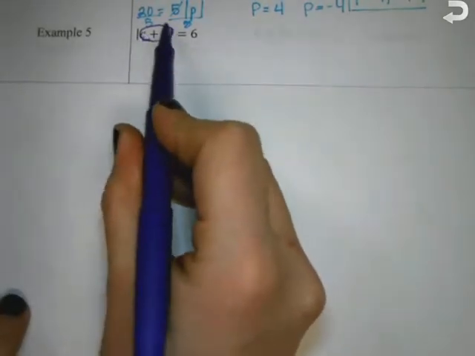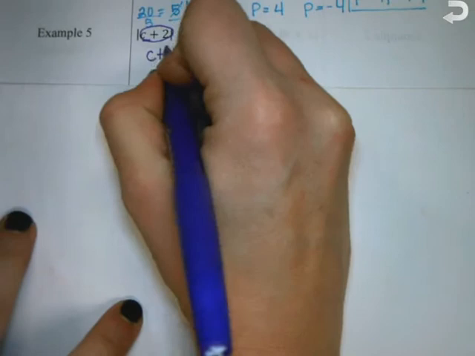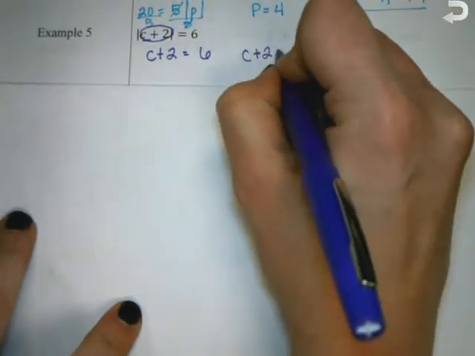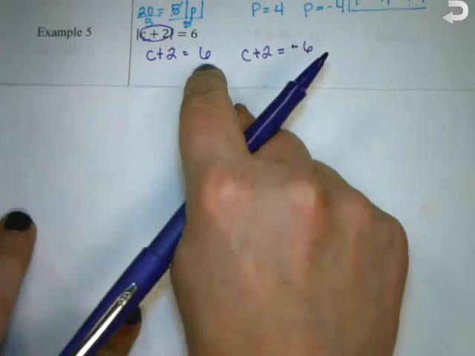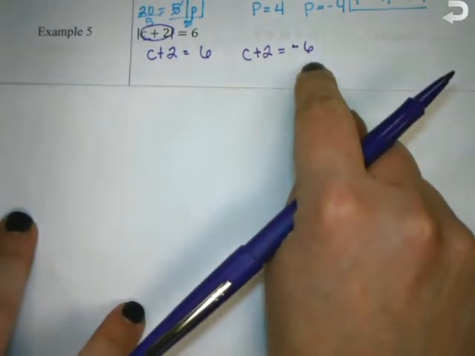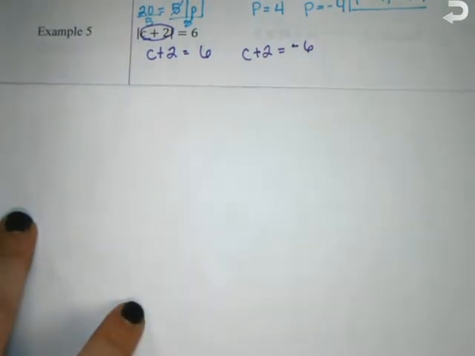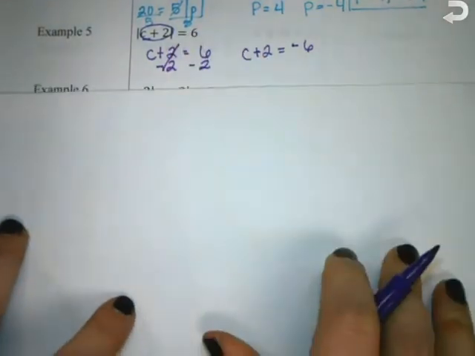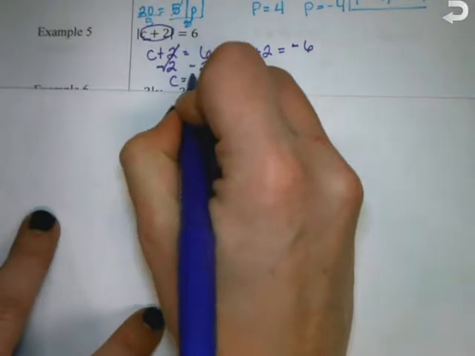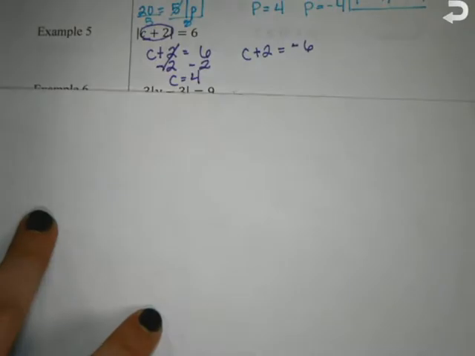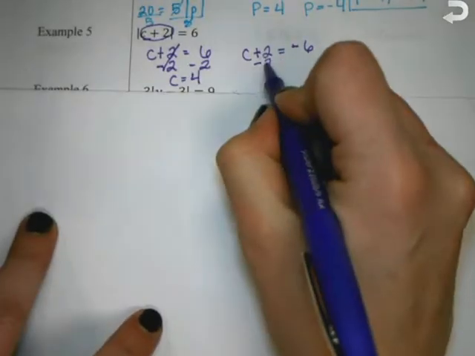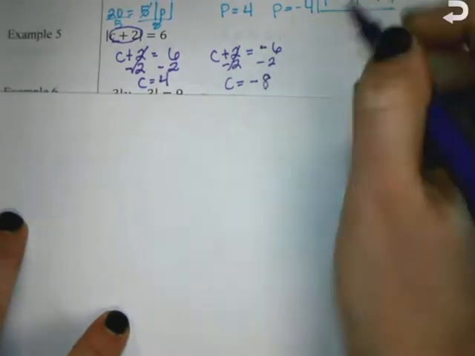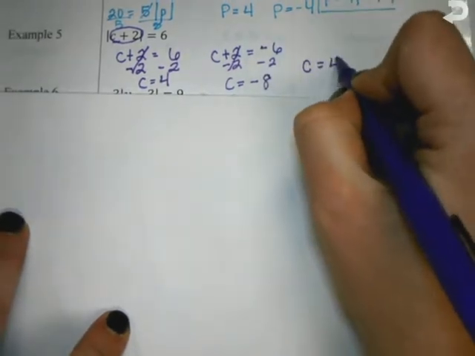So c plus 2 equals positive 6. c plus 2 equals negative 6. How do I solve for c? On the left-hand side, we're going to subtract 2. So c equals 4. On the right-hand side, I'm also going to subtract 2, but this time it gives me c equals negative 8. So my two answers this time are 4, negative 8. How could I check that my answers are correct? Plug it back in.